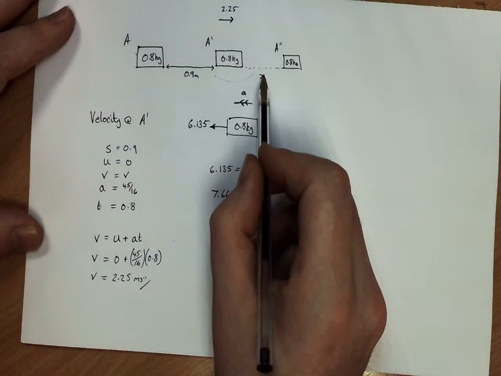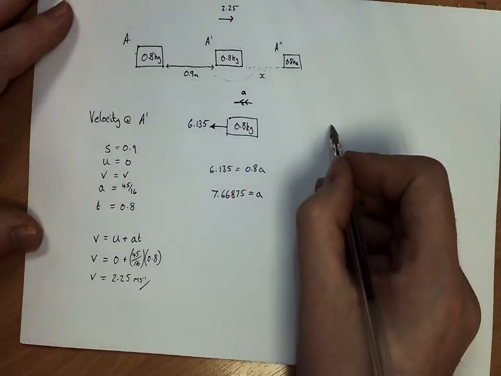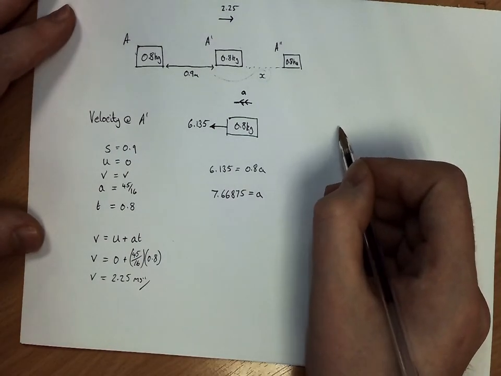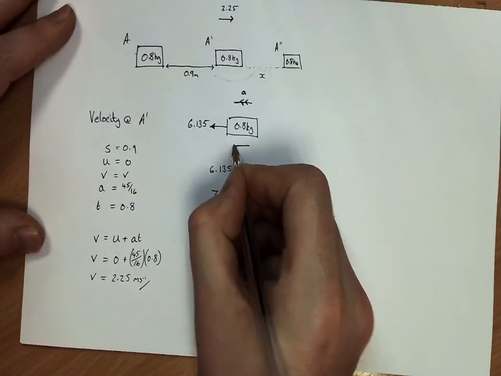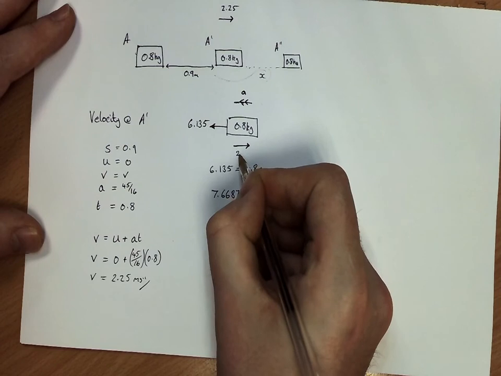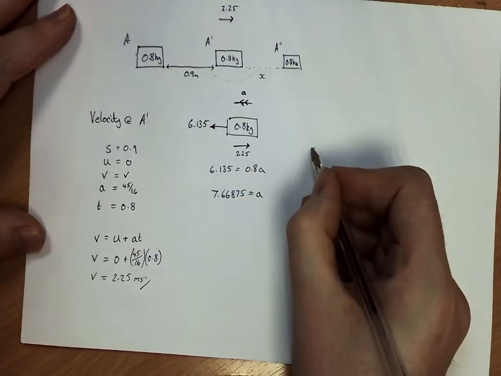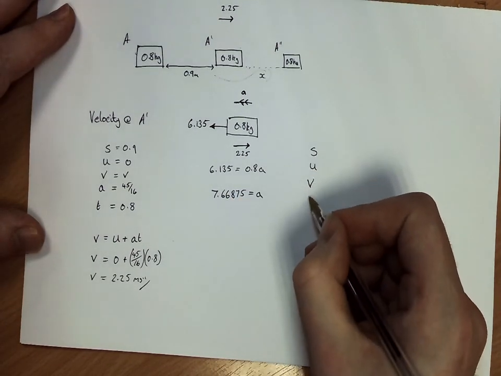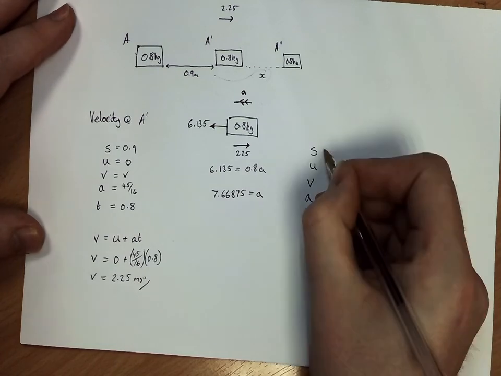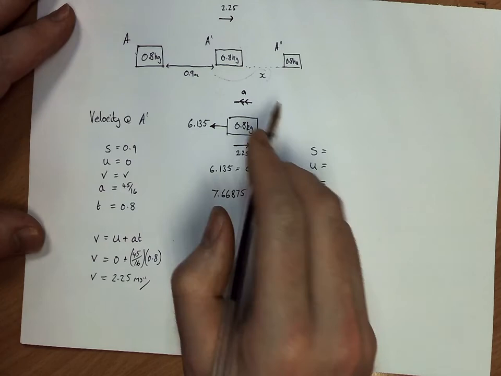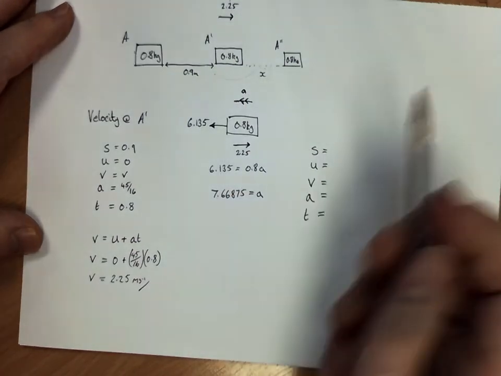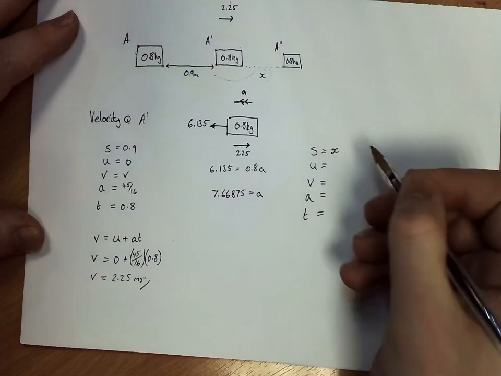So, last but not least, let's try and work out x. So I've got my diagram looking something like this. I know it's traveling in this direction at 2.25, and I'm going to do my SUVATs again. But this time I'm doing from here to here. So S is x, I don't know that distance traveled.